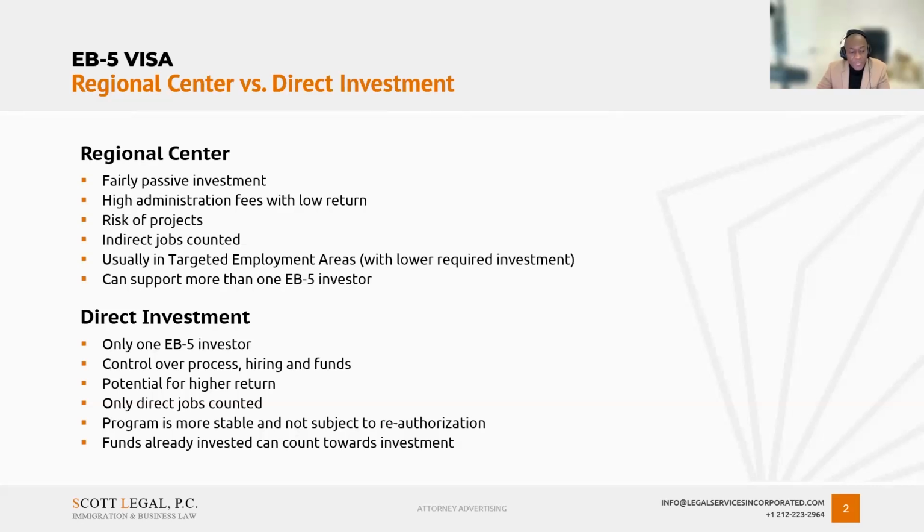So, in the hotel example, that might be people who work at the front desk, that might be people who clean rooms, etc. But then also you can get an economist to write a report which basically says that as a result of the hotel being there, there are surrounding businesses like dry cleaning, caterers, etc., where there are indirect jobs that are created, and those can be used to increase the number to the requisite number of jobs that are required. And we're going to talk a little bit more about targeted employment areas as we go through this.